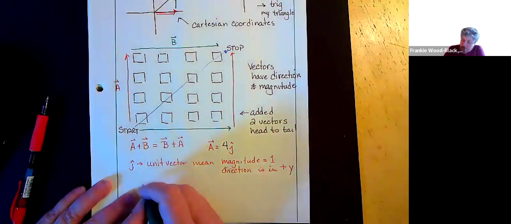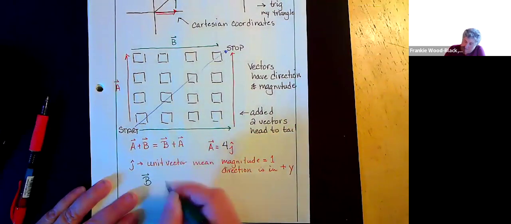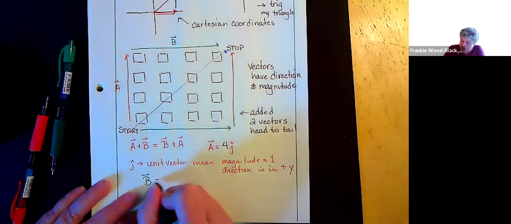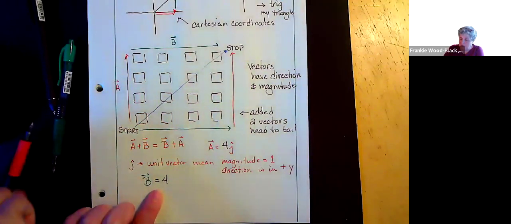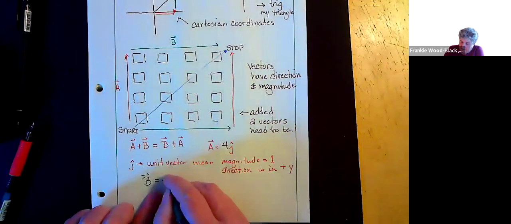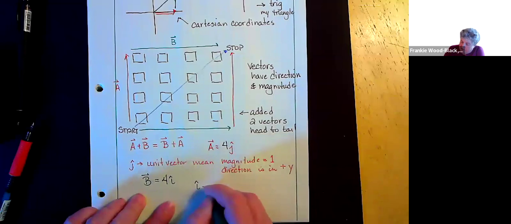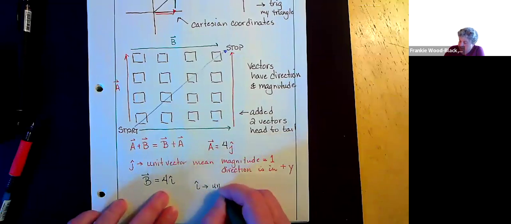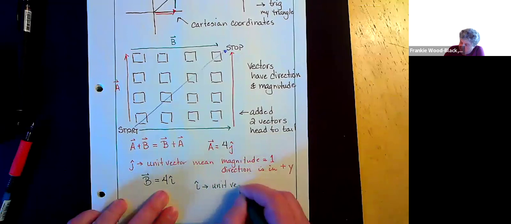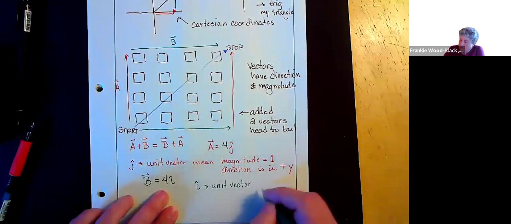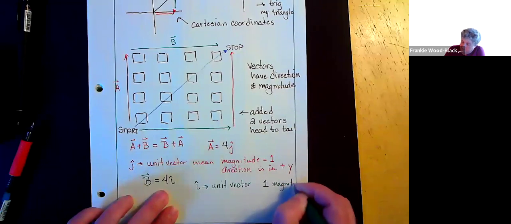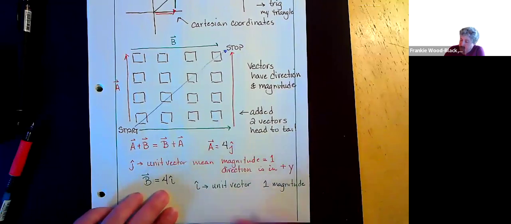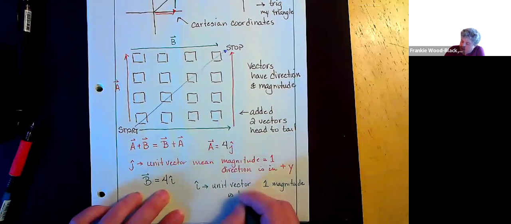On my vector B, it so happens we have that same magnitude, 4, and we're going to use an i, where i is a unit vector, so it has the magnitude of 1. And this is in the positive x direction.